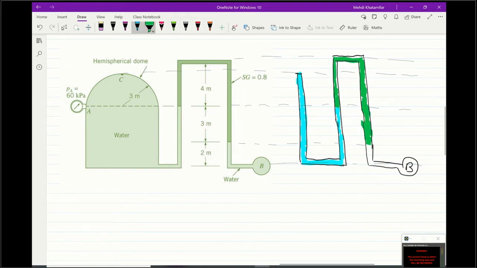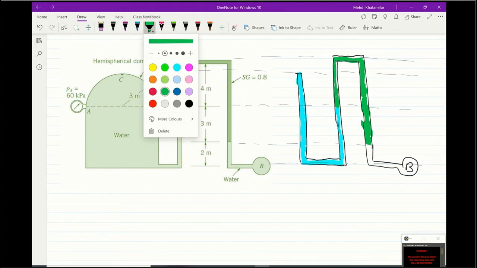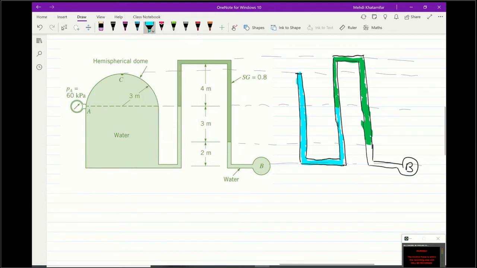And the rest, again, is water. Done. This is point A, this is C, and here it's B.